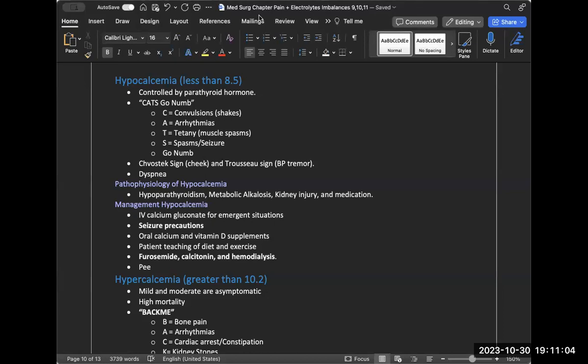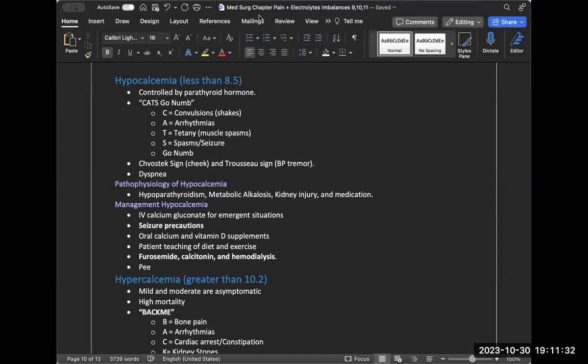So the symptoms in hyponatremia, or low sodium levels, are the exact same as low chloride levels because sodium and chloride go together. Same thing for hypernatremia. The symptoms of hypernatremia are the exact same symptoms as hyperchloremia because they go together. They are interchangeable. Wherever sodium goes, chloride also goes.